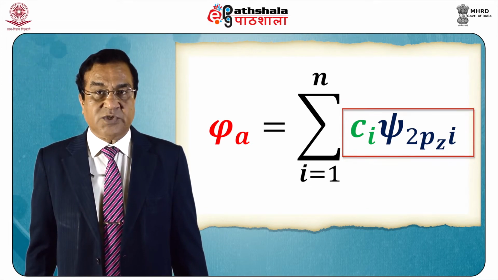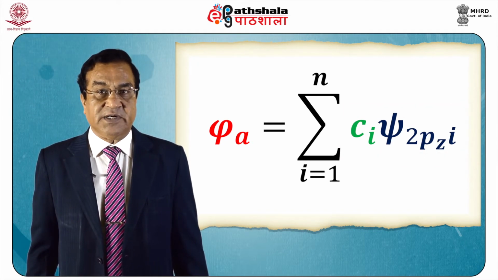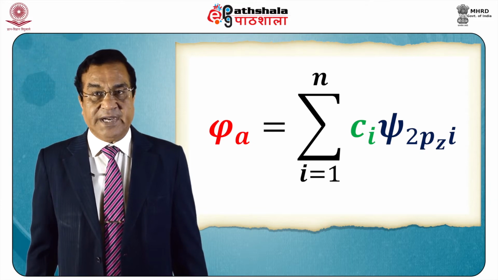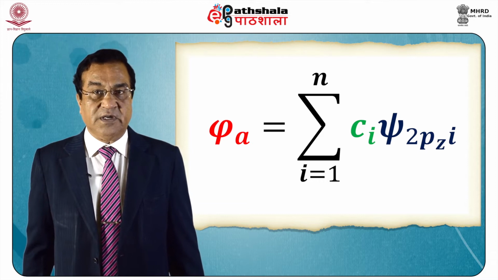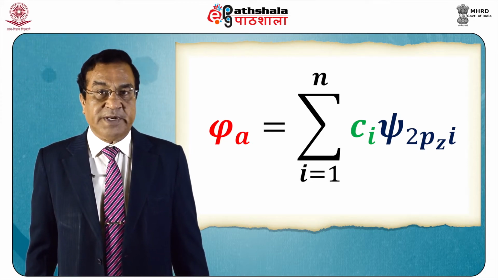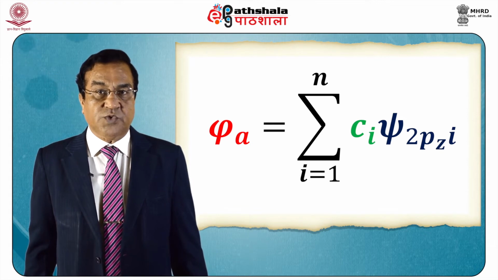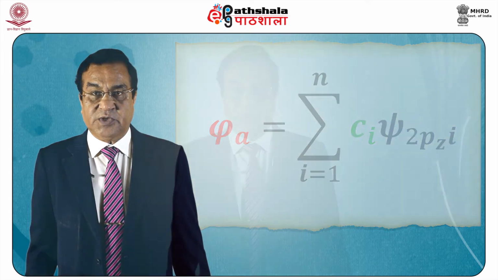Here psi 2pz i refers to the pi orbital centered on ith carbon atom, and C i is the corresponding coefficient of the molecular orbital. So this is the approximate wave function which we use in Huckel molecular orbital theory.